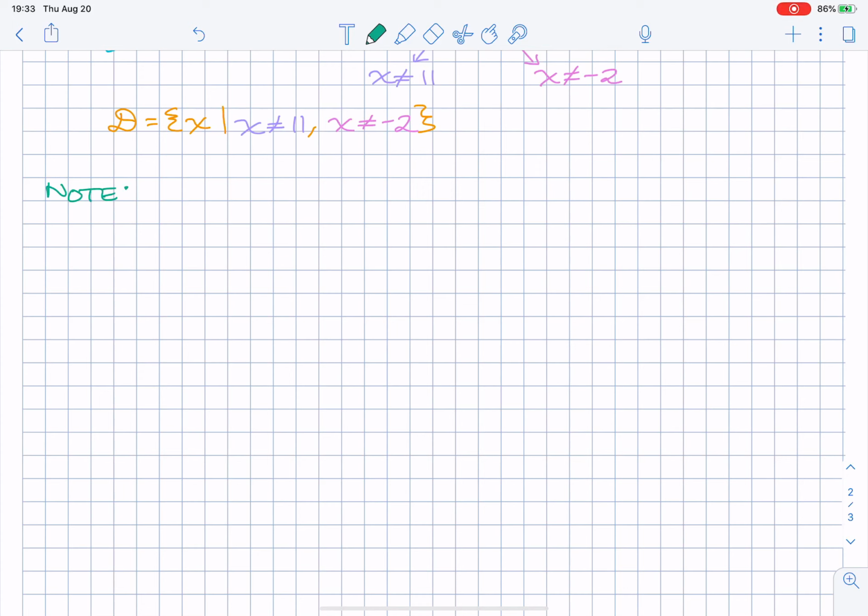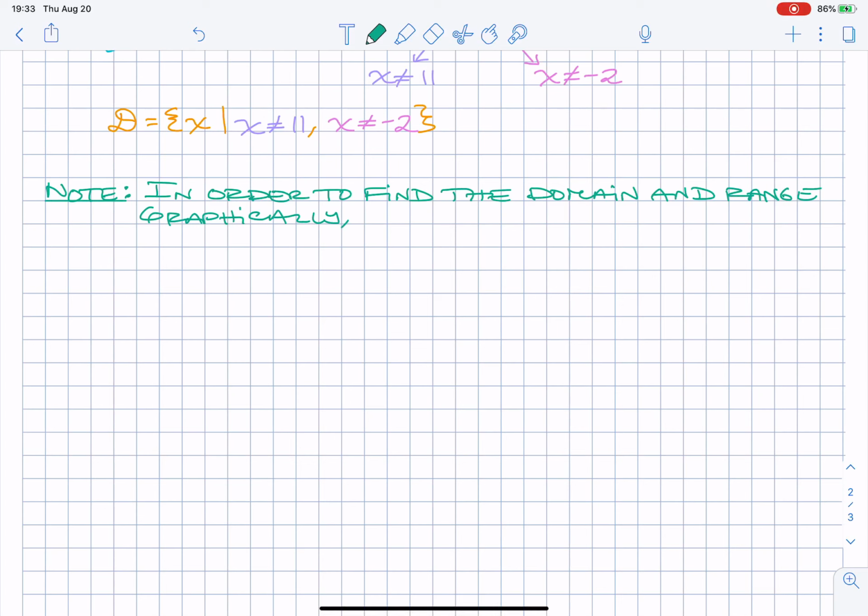So note, in order to find the domain and range graphically, we can project the shadow of the function on each axis.